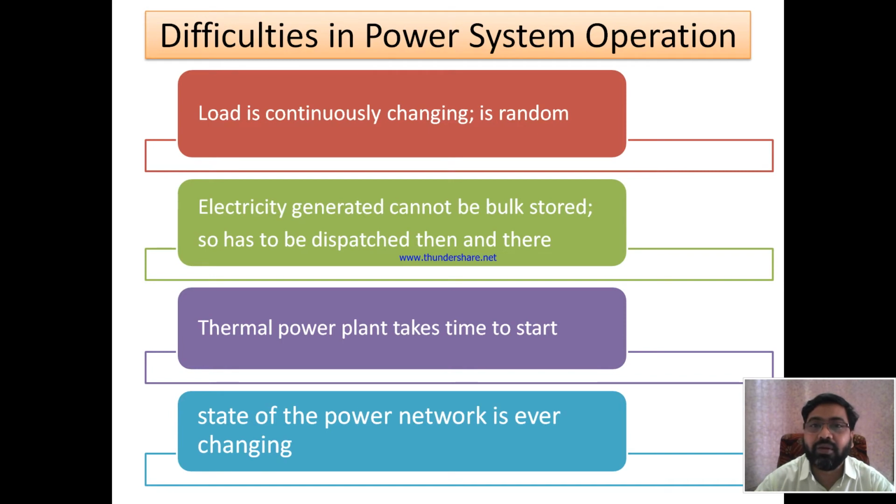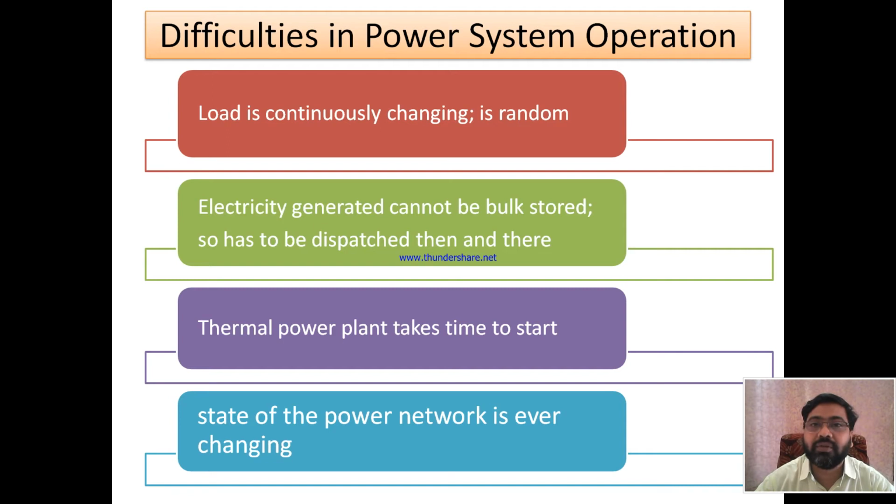So, still, when you are planning generation, you must consider this point: when the bulk power is increasing, a thermal power plant cannot be immediately started. Then, the state of the power network is ever changing, like the load. The network is a very complex connection of different transmission lines connected through the buses, through the nodes.